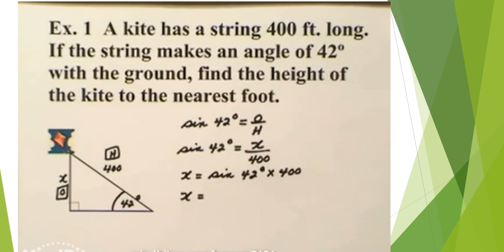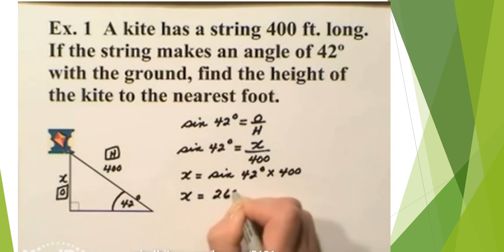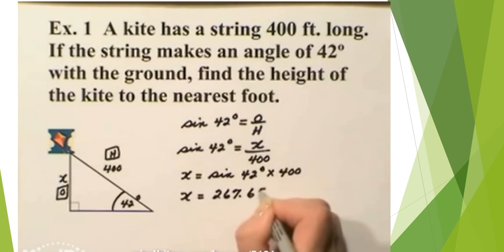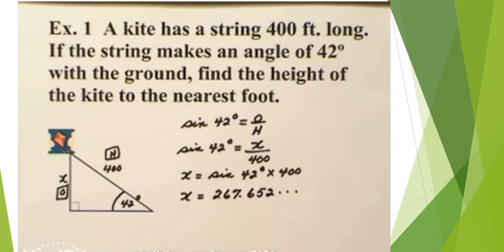Take the sine of 42, then multiply it by 400, and you will get 267.652, and so on. And now we'll look and see how we have to round this off. We have to round it off to the nearest foot. So x will be equal to 268 feet. And that is the height of the kite.